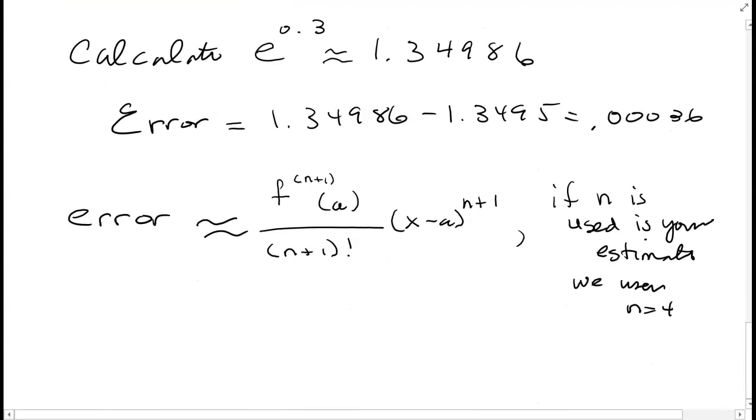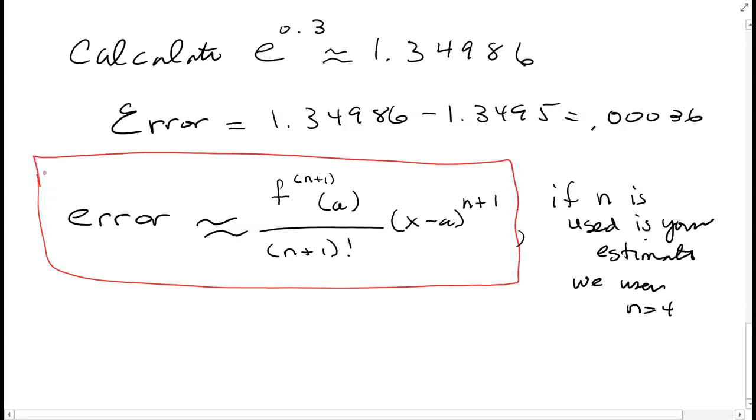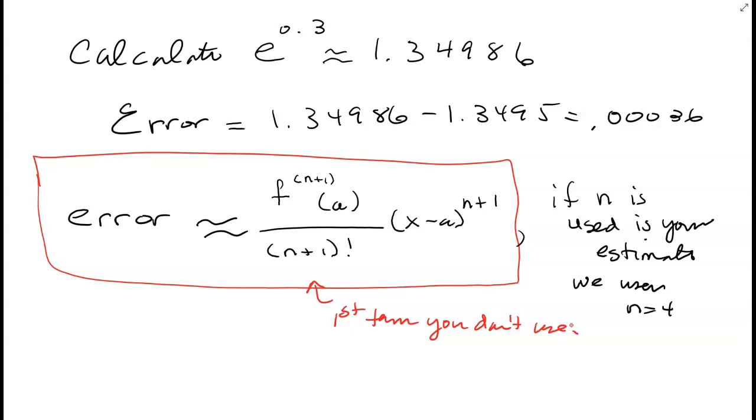So if I want to estimate the error, what I have to simply do is the next calculation, or use what we call the first term you don't use. So if I'm estimating using n equals 4, I need to actually calculate n equals 5 to get an estimate of my error.